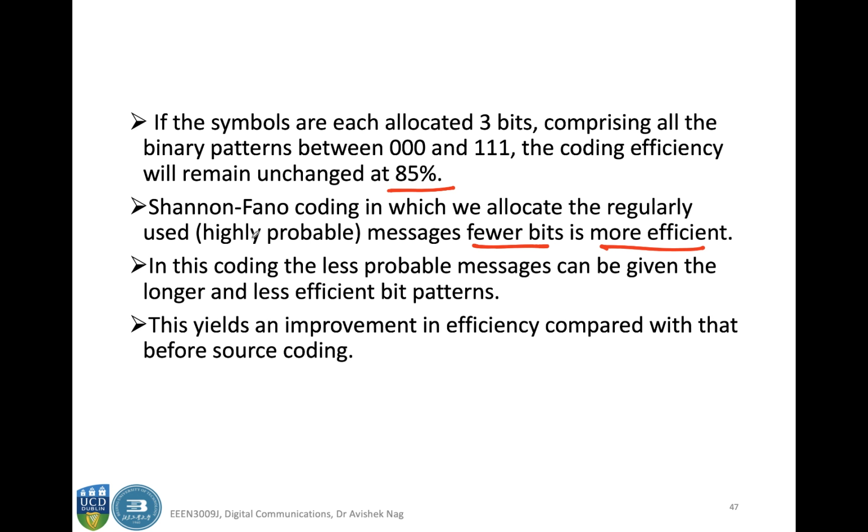So the highly probable messages will get fewer bits, and the less probable messages will get more bits. In that way you can design a variable length code, and this will yield an improvement in efficiency compared with that before source coding.